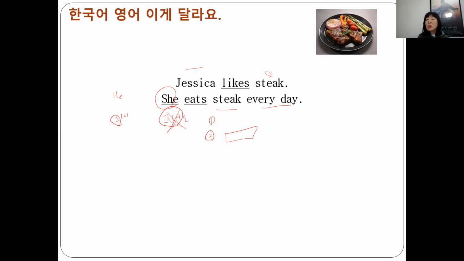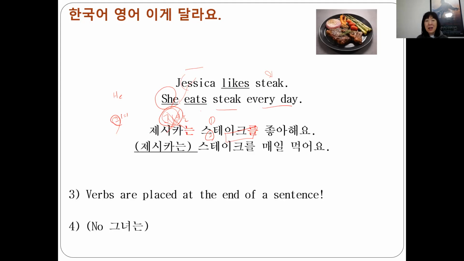Okay, so we seldom say 그녀와 그 in Korean. Dropping the subject is enough입니다. But if necessary, just add Jessica's name one more time. 제시카는 스테이크를 좋아해요. 제시카는 매일 스테이크를 먹어요. Okay? 자, this is a table that I prepared입니다.